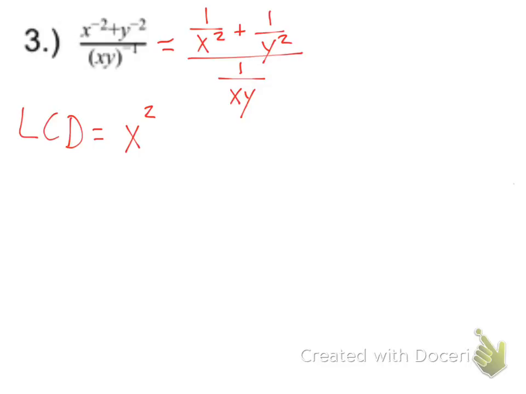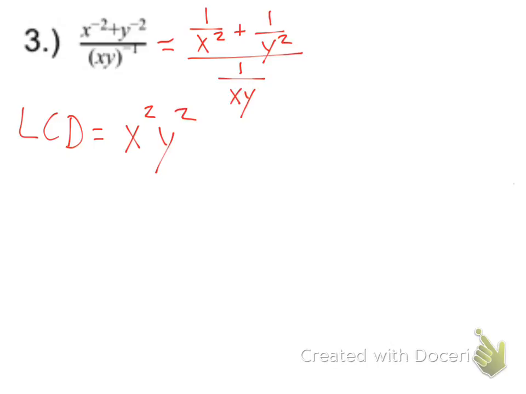So now we're to the point where we said, hey, we got them factored. You wrote down the first denominator, which is x squared. We now move on to the second one. The second denominator is y squared. Is y squared part of x squared? No. So therefore, I need a y squared.